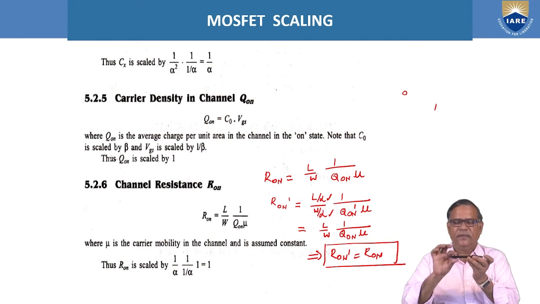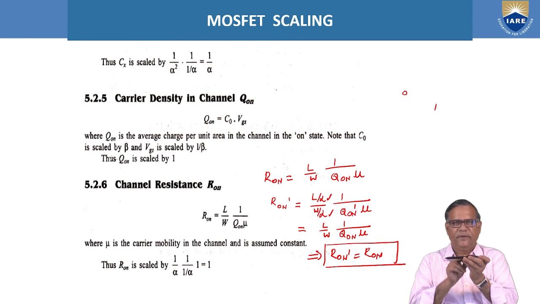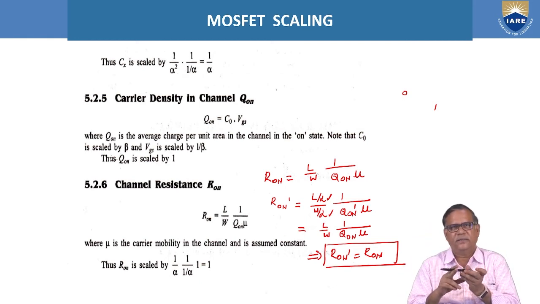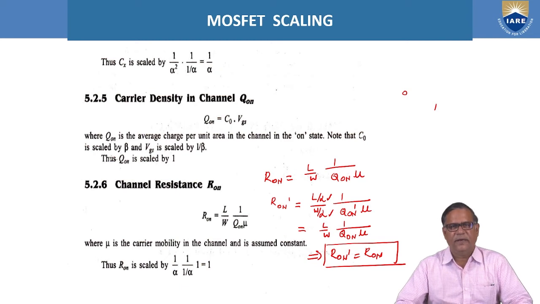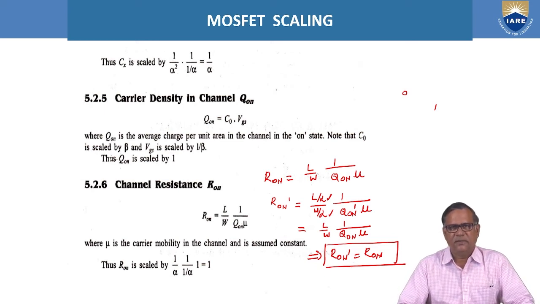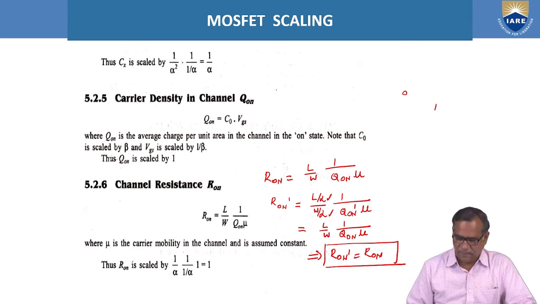At the same time, the thickness also reduces. So though the resistance decreases with the decrease in the channel length, the effect is nullified because the thickness is getting reduced, which increases the resistance. So to summarize, there is no effect of scaling on the channel resistance.